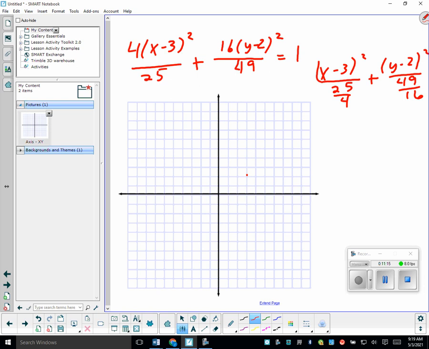Now you all have calculators. How far do I go right and left? Isn't it the square root of 25 over the square root of 4? Which is 5 halves, which is 2.5. So from my center, I'm going to go 2.5 right and 2.5 left.